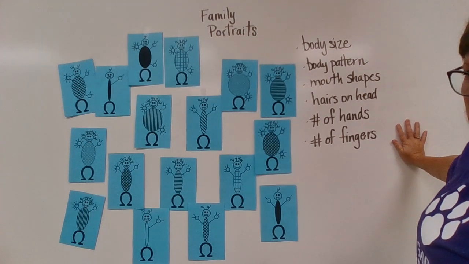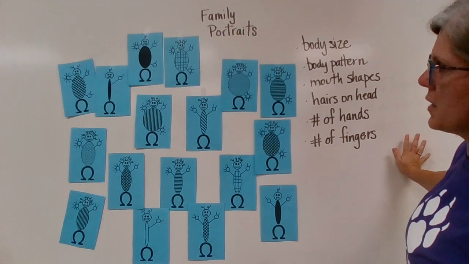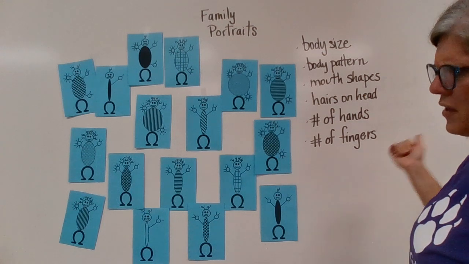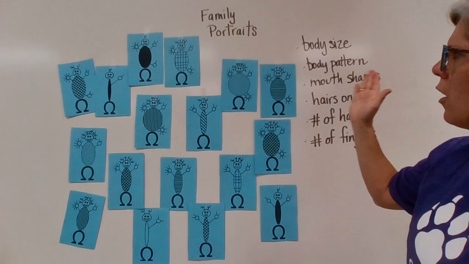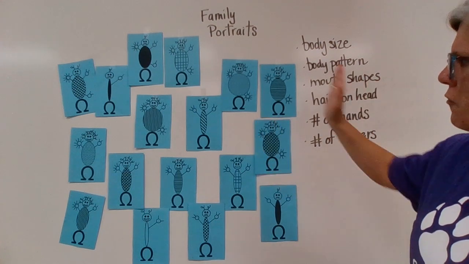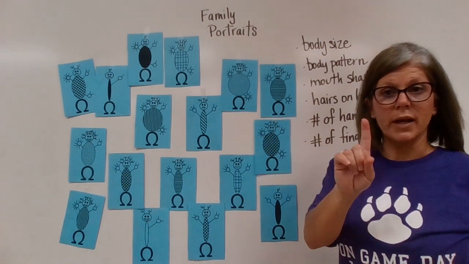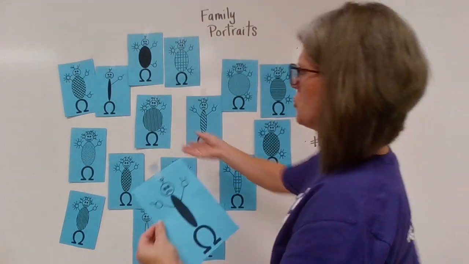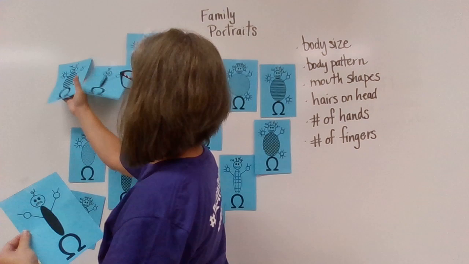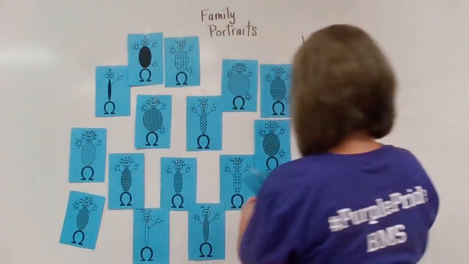I would possibly start with maybe hairs on the head. So let's go ahead and look for how many of our family members have one hair on their head. And I only chose hair on the head because I went from top to bottom.